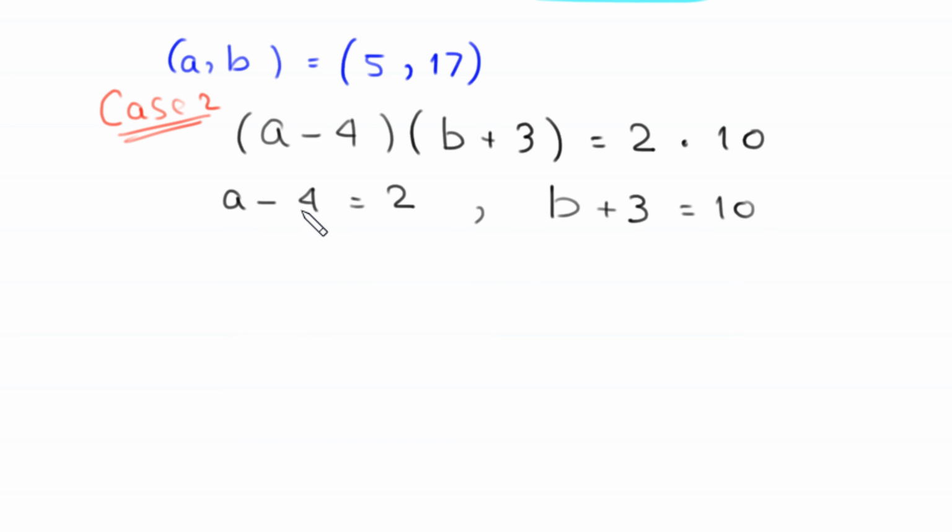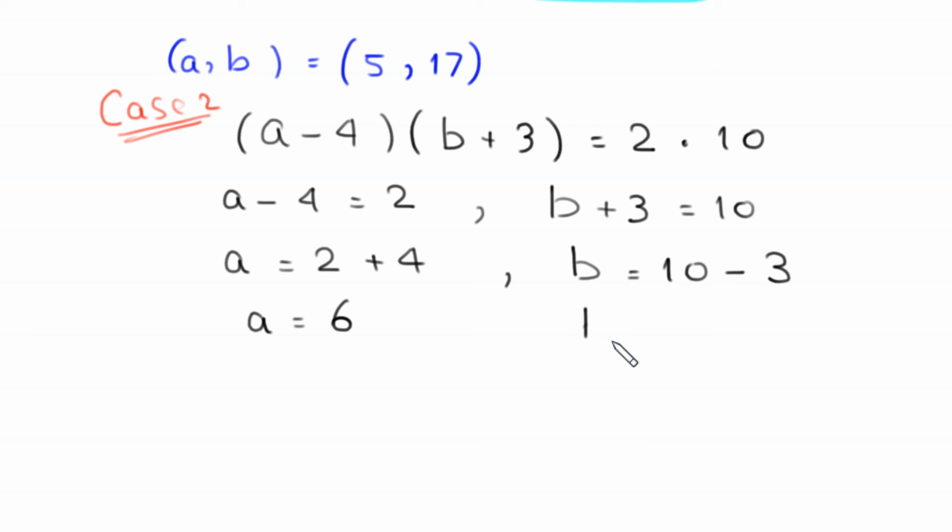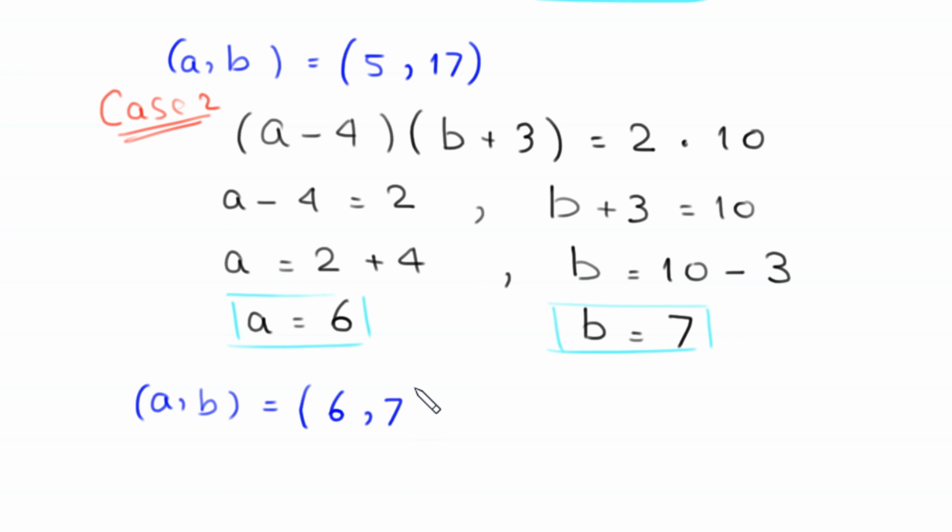Move this negative 4 to the right hand side. This will become a is equal to 2 plus 4, and a will be equal to 6. From this equation, move this 3 to the right hand side. This will become b is equal to 10 minus 3, and b will be equal to 7. So from this case we get a is equal to 6 and b is equal to 7. So the second pair for a comma b is equal to 6 comma 7.